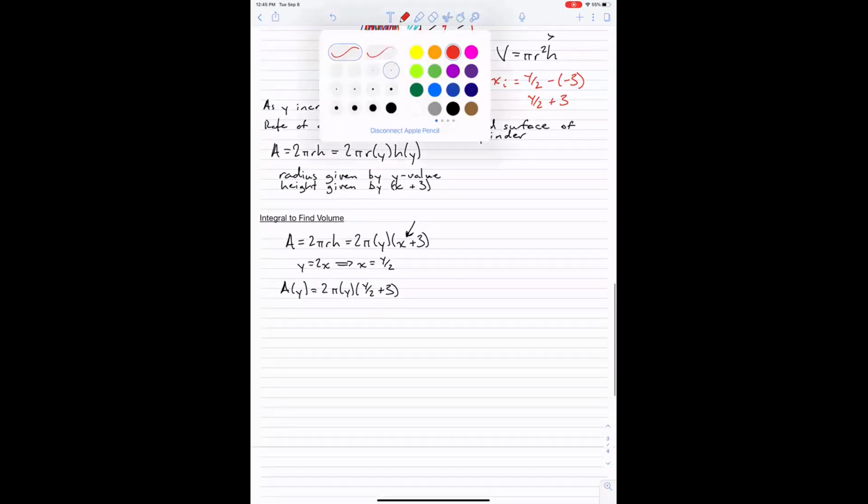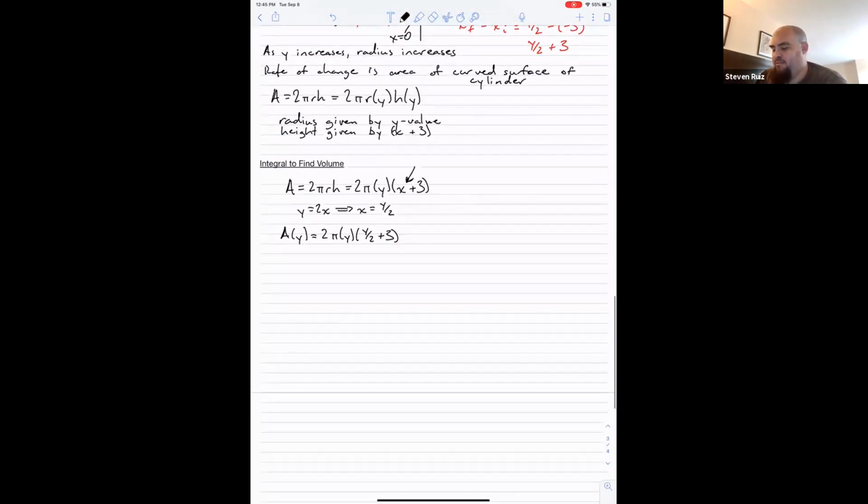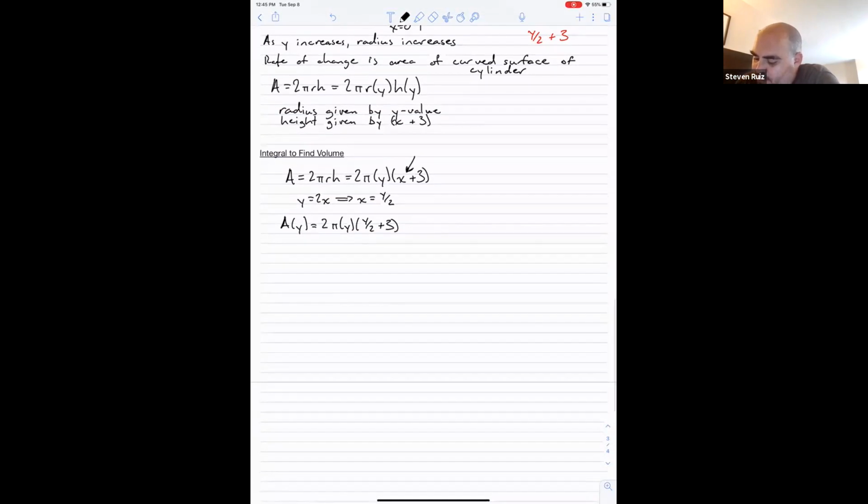Good. All right, our last thing to do here. Like I said, finding the area rate of change function is the most important thing. How do you get to the volume once you have this function? Again, what operator do you know that I have to use?